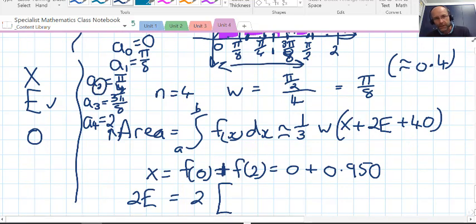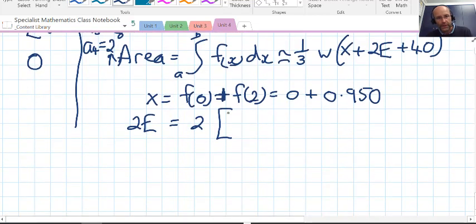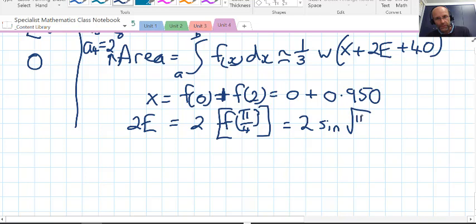Okay, so it's pi on 4. So f of pi on 4, which I worked out just a moment ago, you might recall. You don't necessarily need to show all this working here, but just for the sake of understanding, being the first video, I'm spending a little bit longer there showing that working.